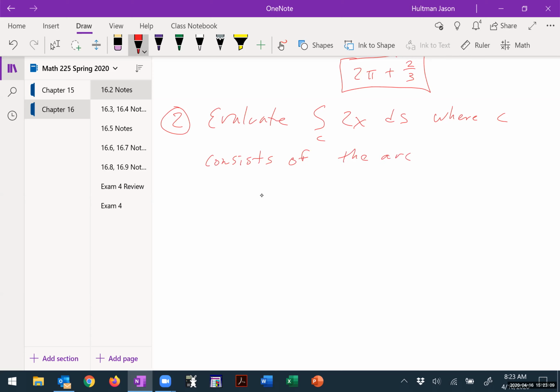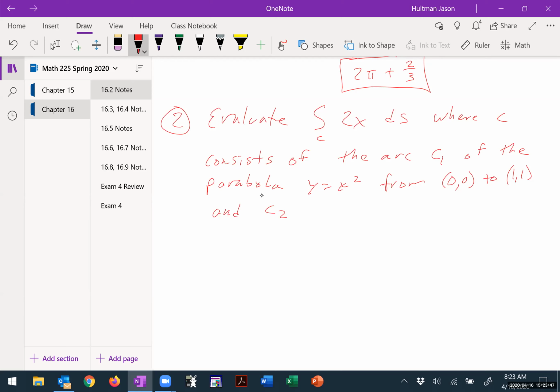the arc C1 of the parabola y equals x squared from (0, 0) to (1, 1), and C2. There are going to be two pieces to my line integral, and I'm going to take them each independently.